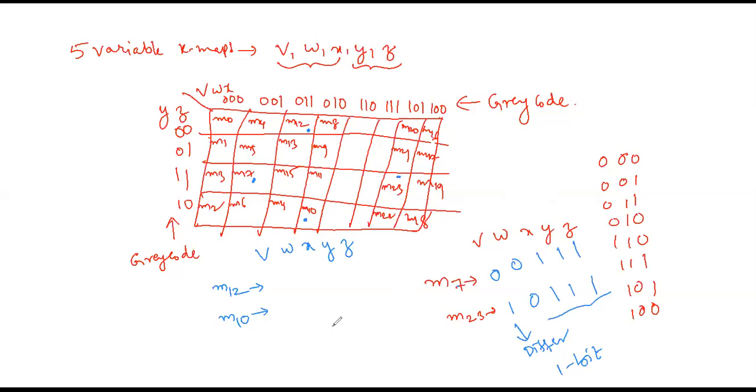That is how it is useful in simplifying. We will see in the next class when we are discussing each K-map individually. You can understand. 12 and 10, adjacent or not? Only 1% responded so far.